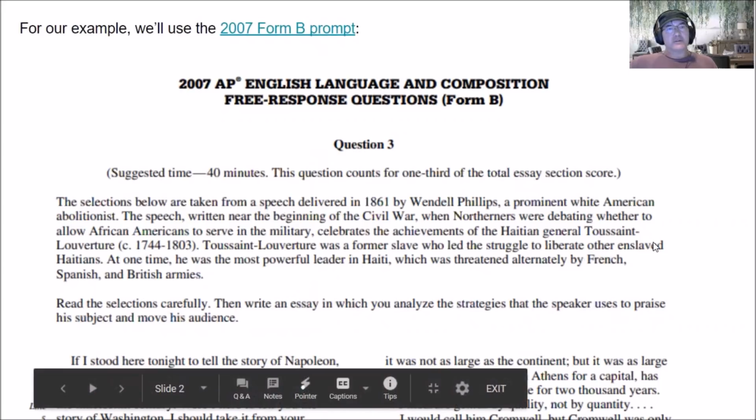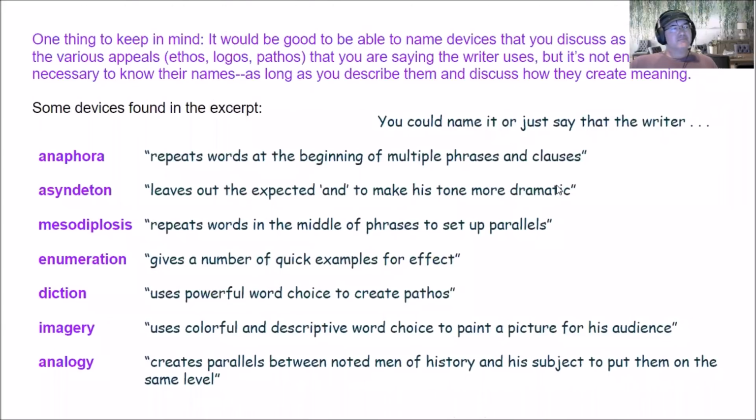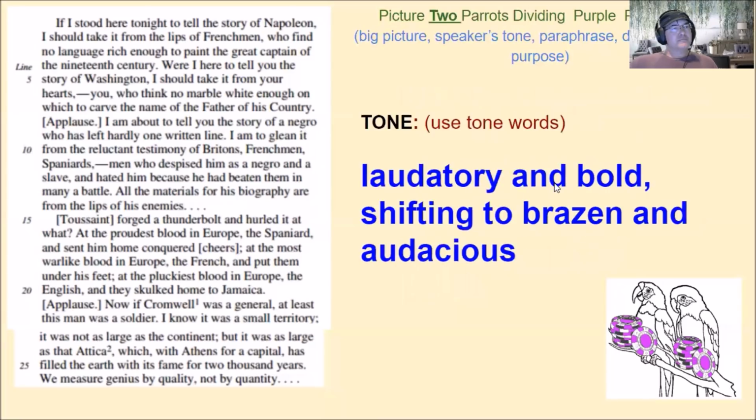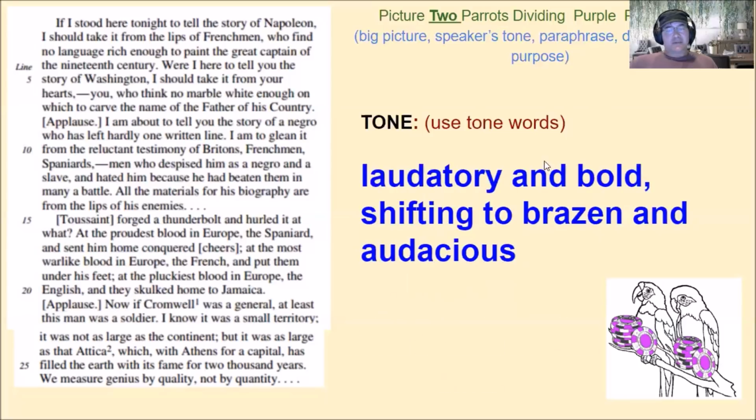That is the big picture. Put that into a sentence. Okay, next thing you want to get into that introduction is tone. Use tone words. What is the speaker's attitude toward his subject? That's the tone. Laudatory, praising, bold, and he shifts to brazen and audacious.